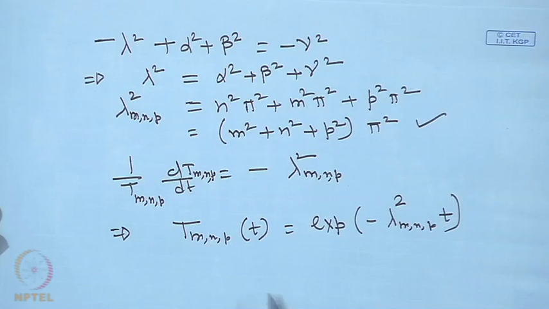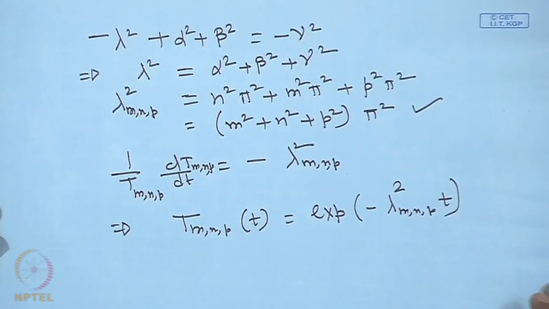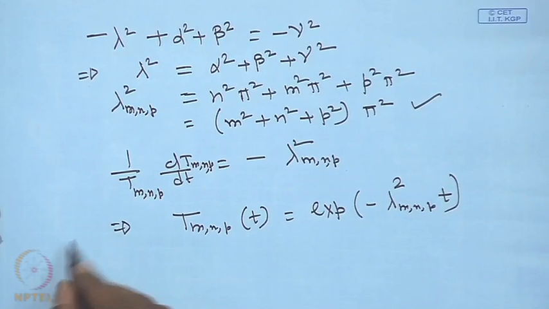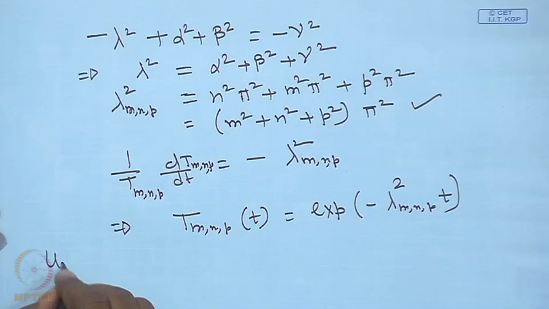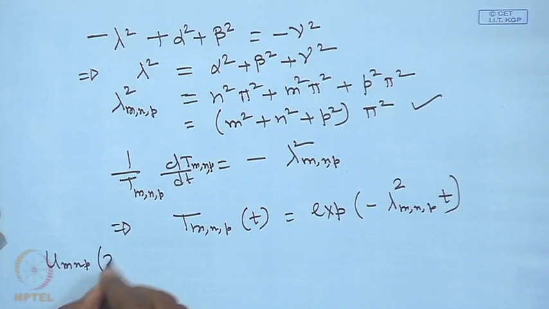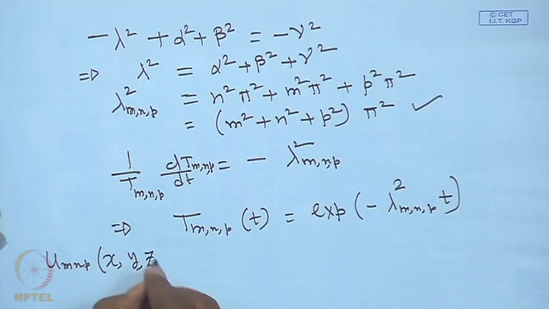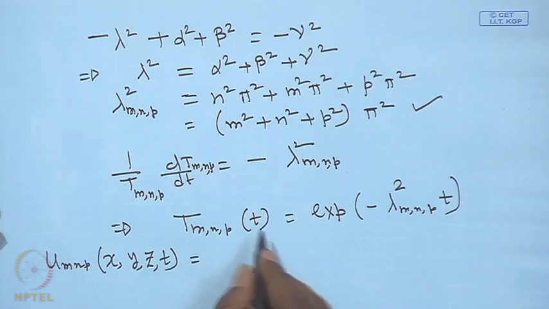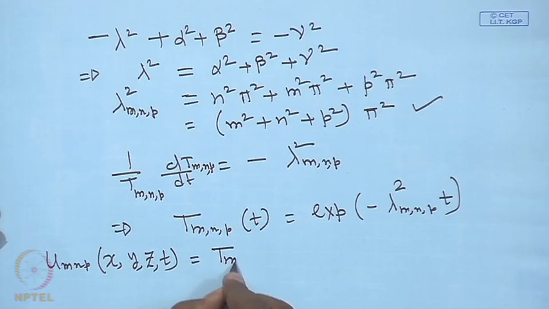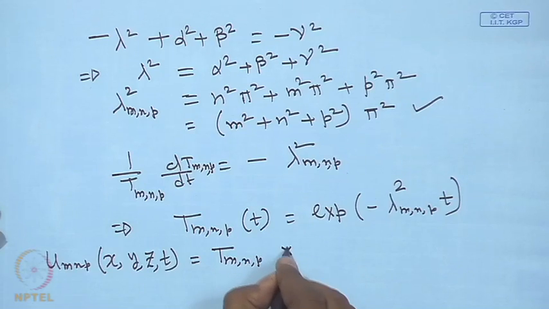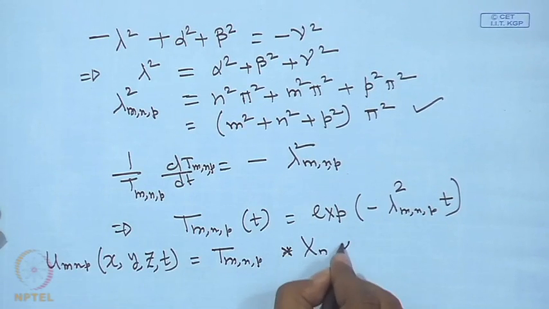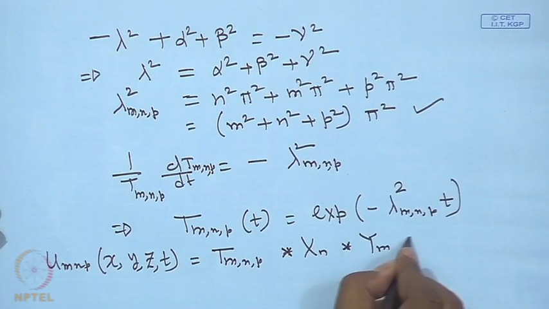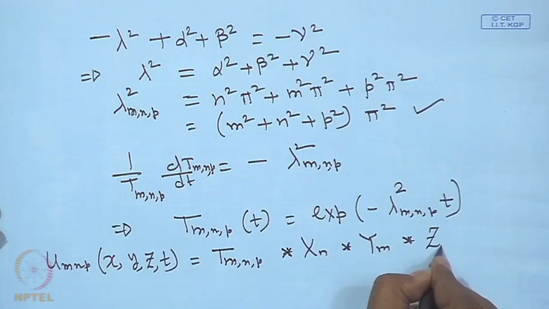So, we will be getting the complete solution by simply multiplying all the 4 solutions of the sub problems. So, u m n p as a function of x, y, z and t should be multiplied by T m n p multiplied by X n multiplied by Y m multiplied by Z p.